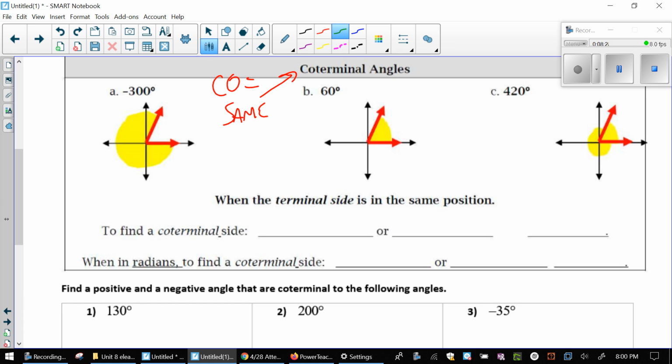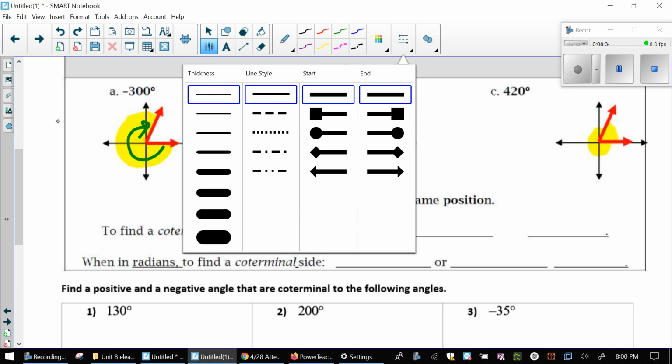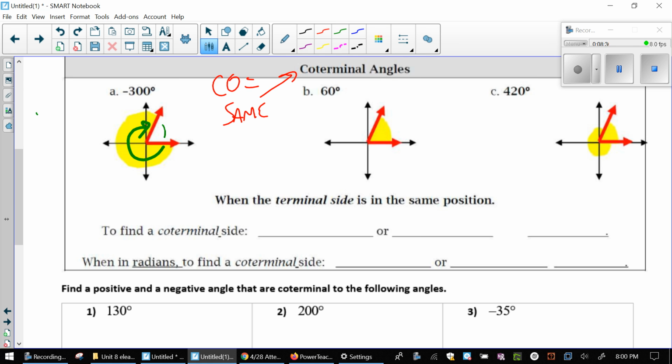So check this out. If we look at this first one, this is negative 300, which is all the way around here, okay? But I could also draw this angle by simply going from here to here. All right, that's a coterminal angle, 60 degrees, right there. Okay, I could also do this angle by going all the way around and adding that 60 degrees again. Okay, that would give me 420.